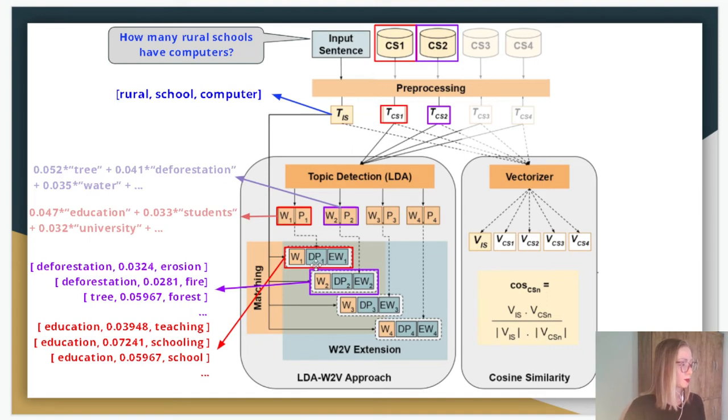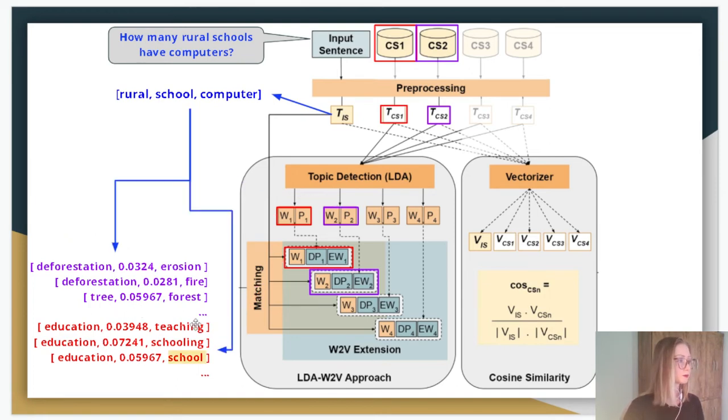For example, if we have an original word education, we derive teaching, schooling, school, and many other words through Word2Vec. So the output from this whole component is several triples for each candidate source.